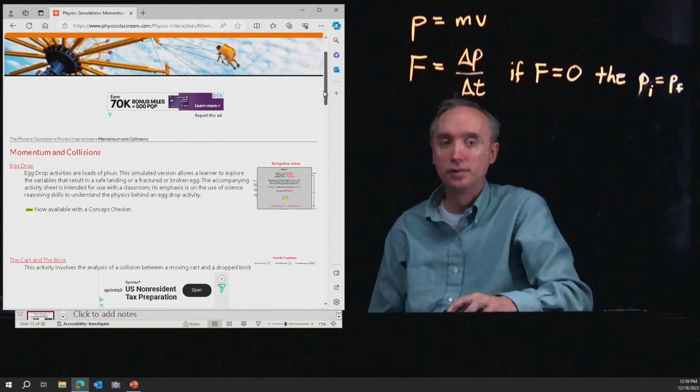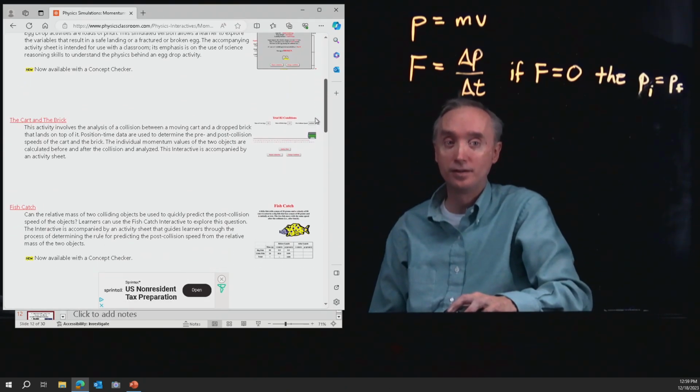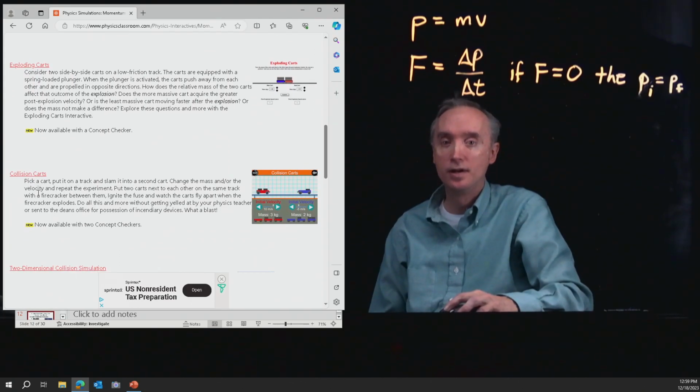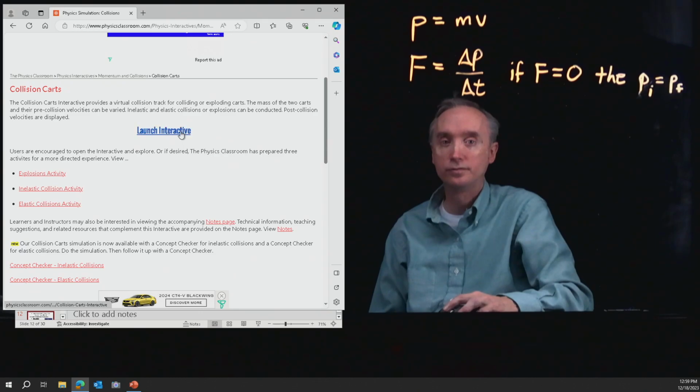And then these are all the different simulations for momentum and collisions, but the one that we want is this one down here that says collision carts. And then I'm going to click on this little picture here, and then I need to launch the interactive.